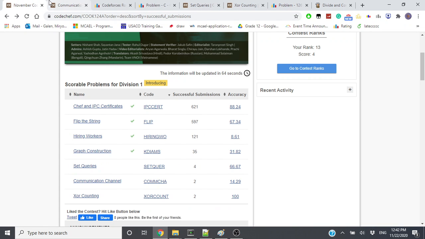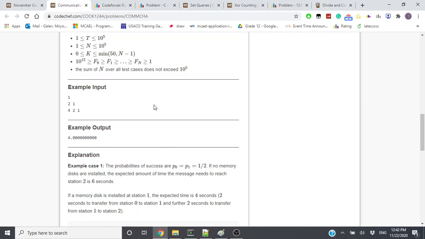So we have this. Set queries also seems like an interesting problem. Maybe we can try that afterwards.